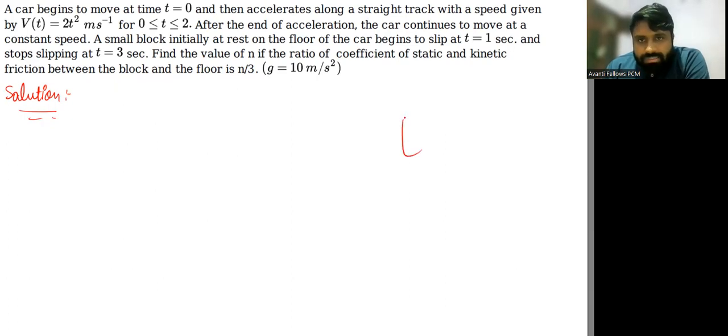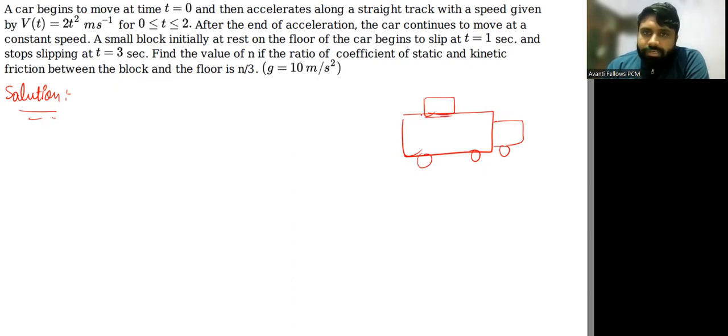Now, this is the car, let's say. You will have this car and this is the block on it. Got it? And this is frictionless. This is a friction surface, a rough surface, you will say. This is the rough surface. So initially, this body is accelerating for t equals 2 seconds, and v is given by 2t square.